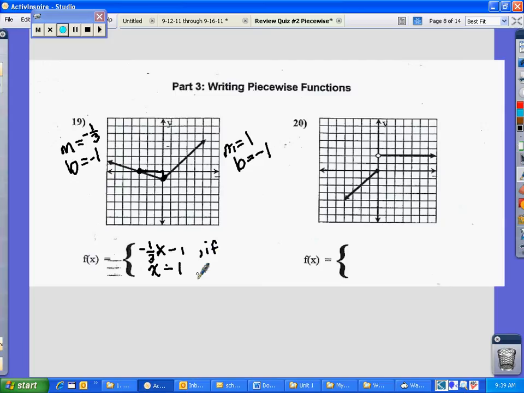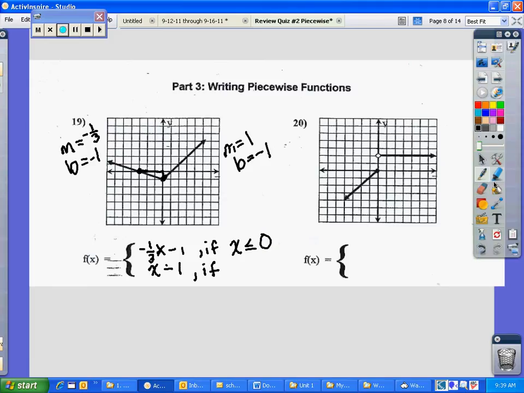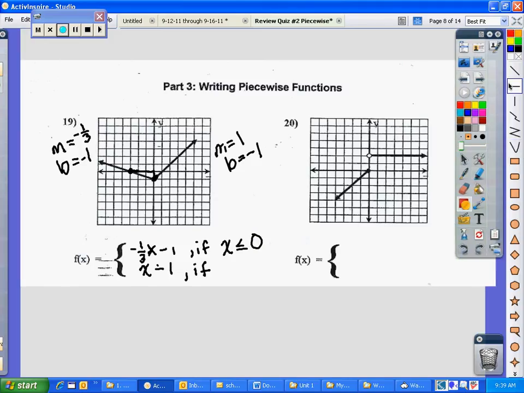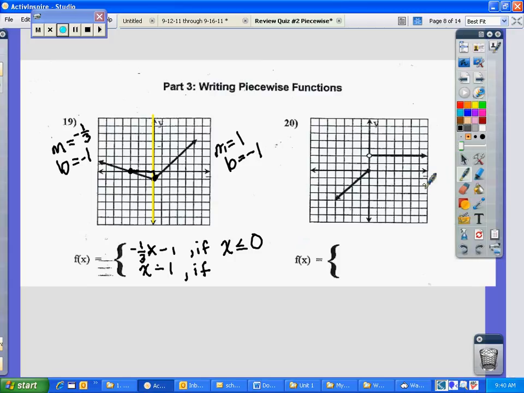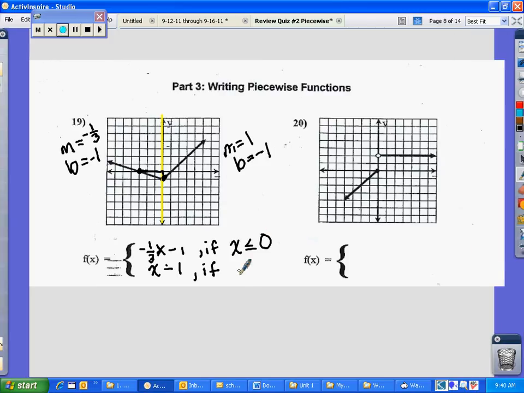Now you're going to write your intervals. This line is everything to the left, which is less than or equal to 0, because you have to identify where that boundary line is. So your boundary line is right here, which is where each piece is separated. So that's just going to be 0. And then the other piece is to the right, which is greater than or equal to 0.